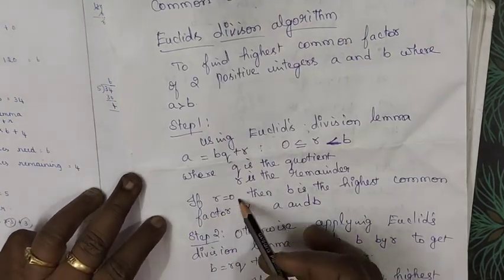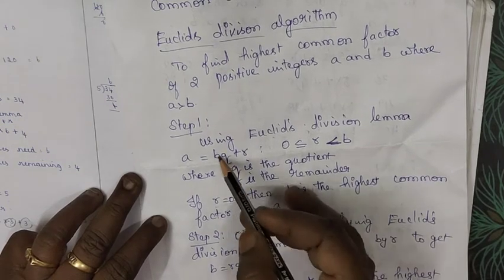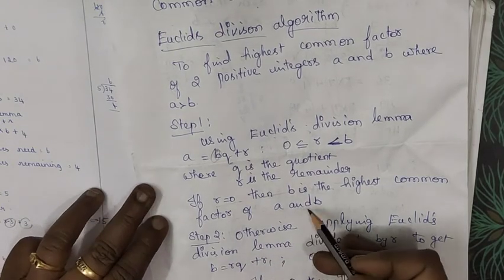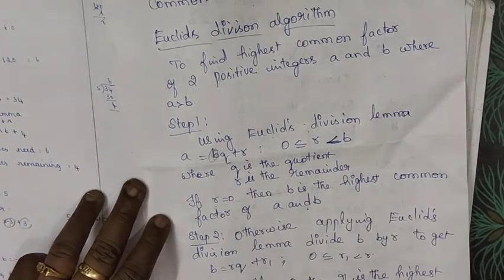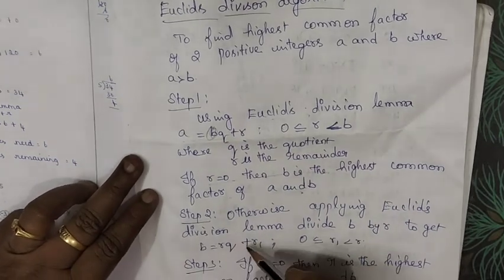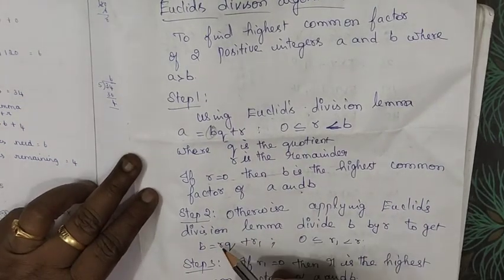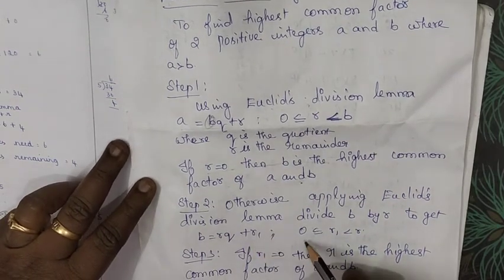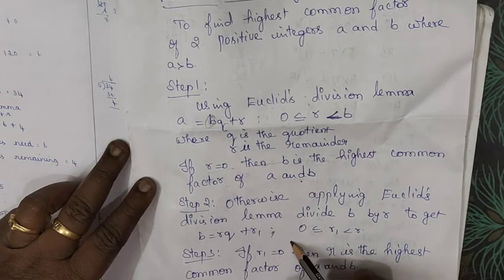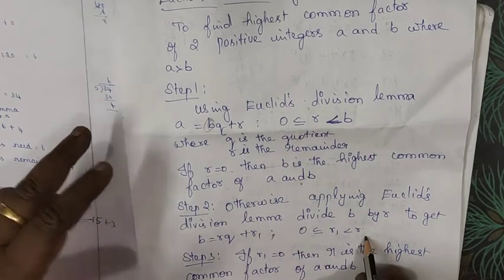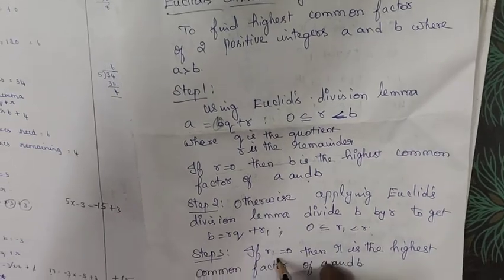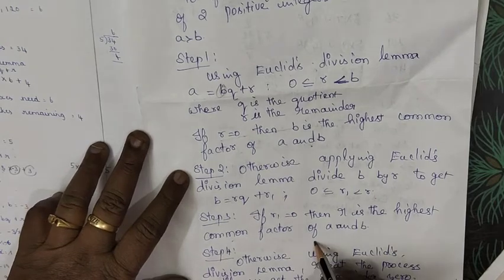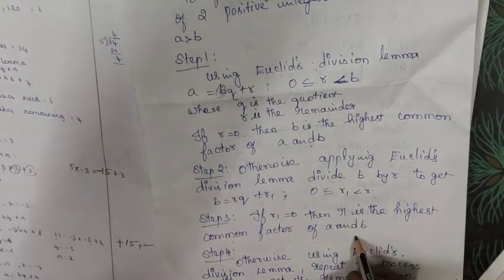If R equals 0, then B is the highest common factor of A and B. If not, in step 2 we again apply Euclid's lemma such that B equals RQ plus R1, where R1 is greater than or equal to 0 and less than R. If we get R1 equal to 0, then R is the highest common factor of A and B, and so on.